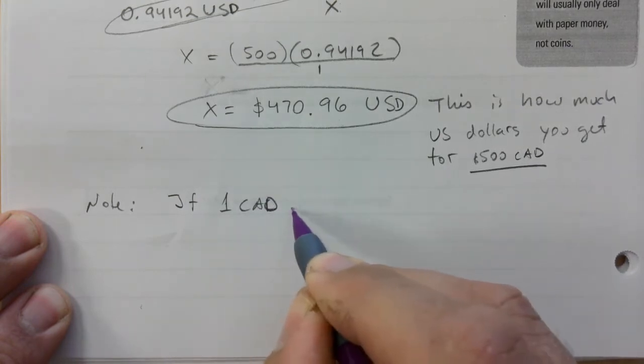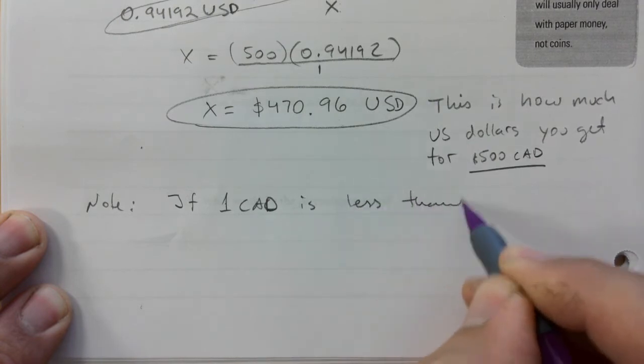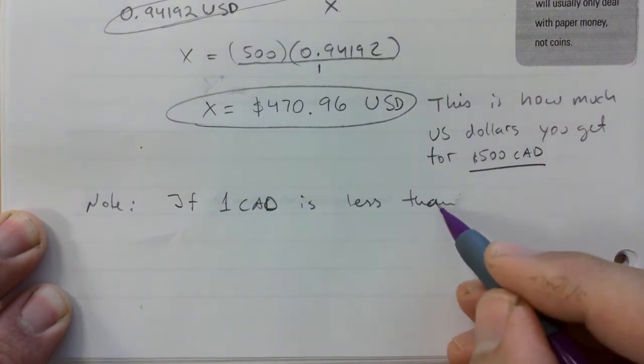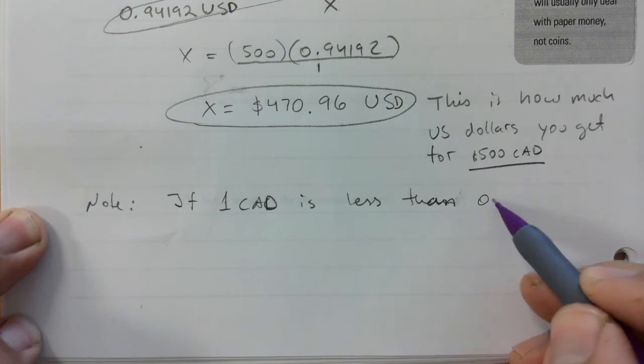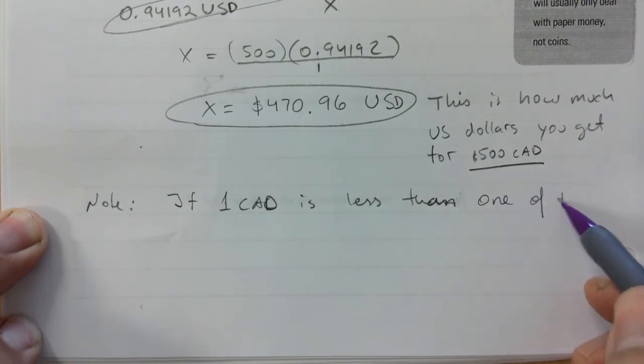One Canadian is less than one of the other currency.